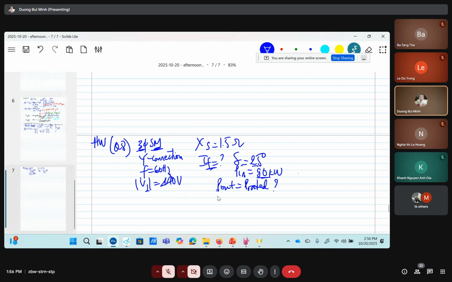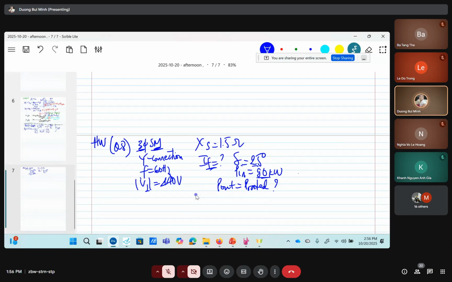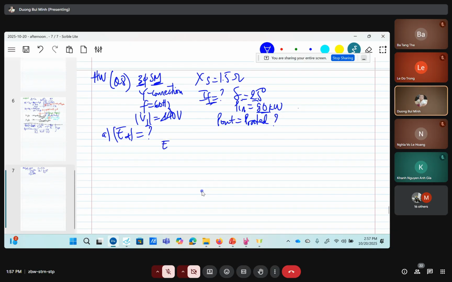Okay, so the question is, what is the magnitude of the internal generated voltage EA in this machine? They ask us to calculate the magnitude of EA. Of course, we know EA with the phase angle delta, because V phase has the magnitude of V phase with the phase angle 0, and this is Y connection.